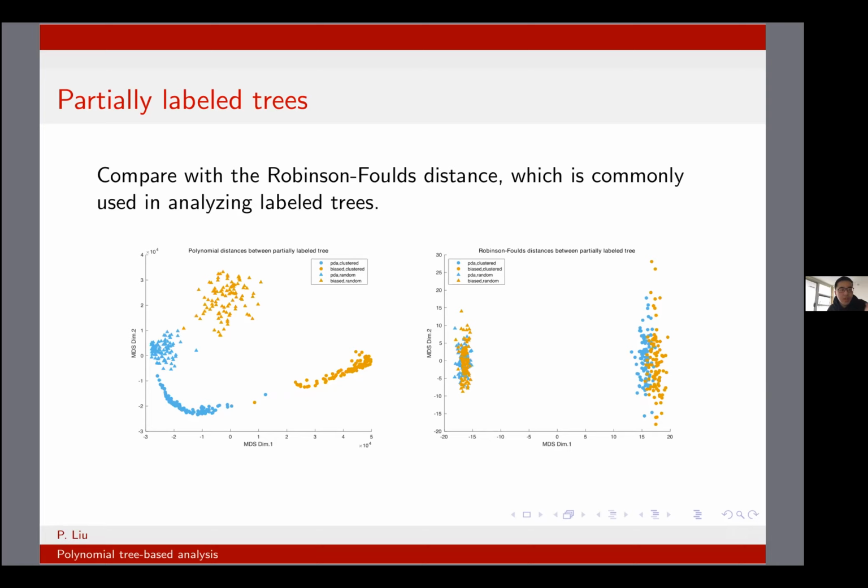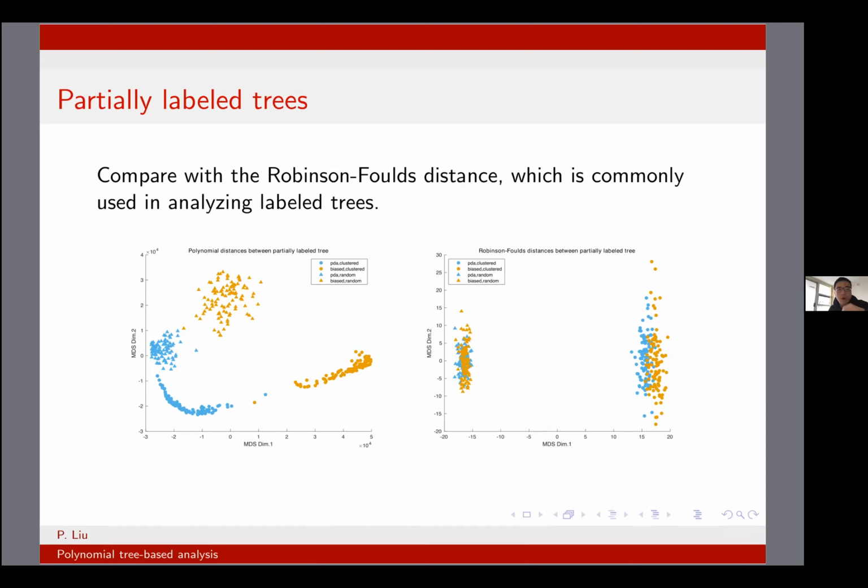And the shape of the dot, triangles and discs, represent how we assign the labels. So in this case, we can see a clear separation between the labels as well as the tree topologies.